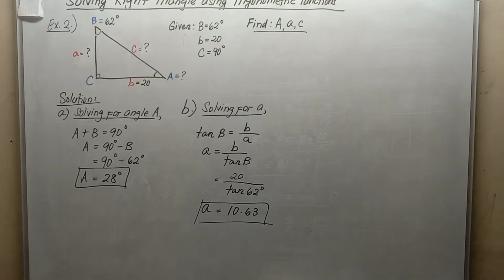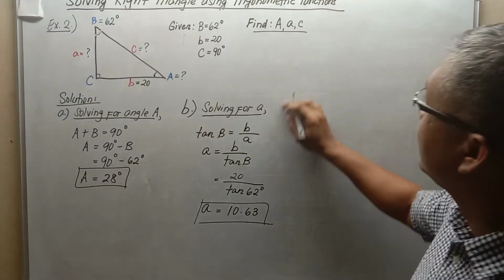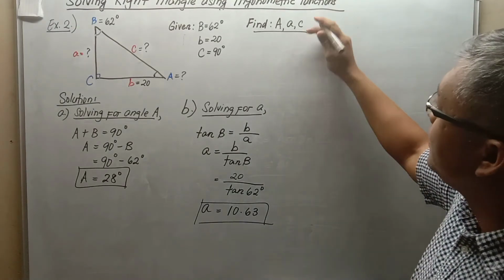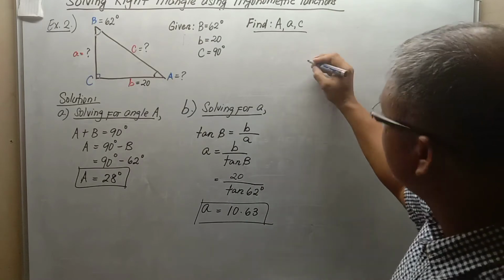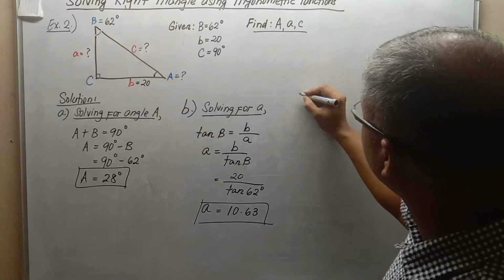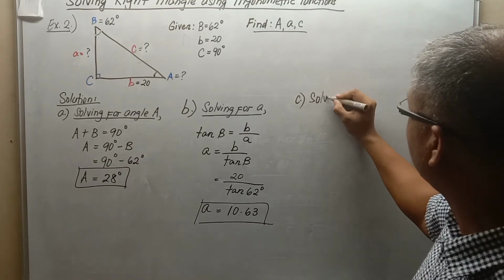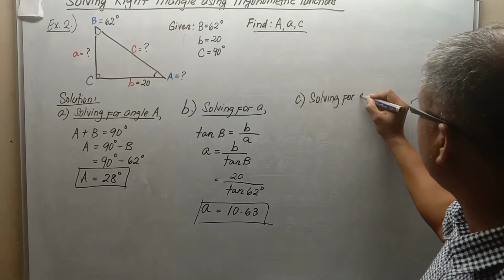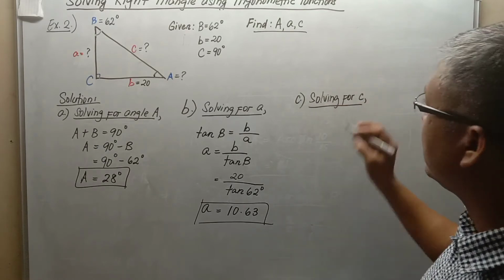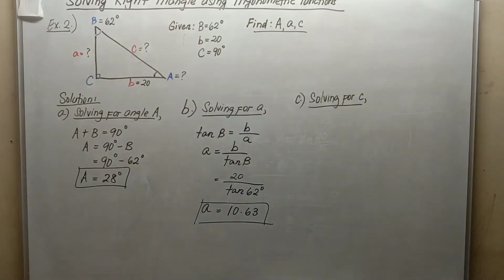Okay. Now, the third requirement here is we need to find the value of the hypotenuse. This one, C, the third side. So, solving for C. We can apply the other function.